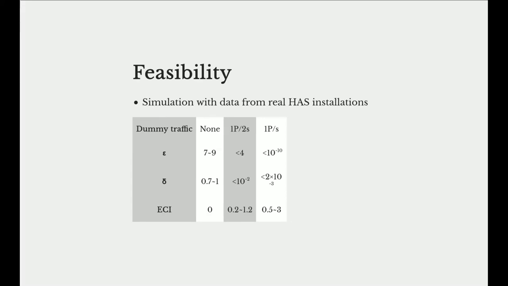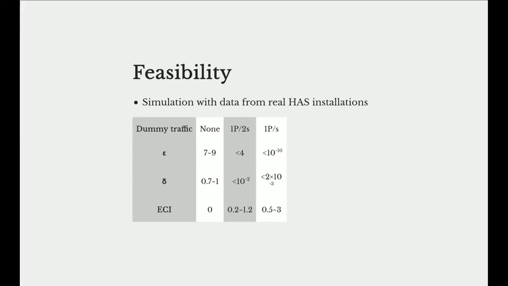We then also performed a simulation using a rate of approximately 1 packet per second, and this decreased the value of epsilon to less than 10 to the power of -10, and delta decreased to less than 2 times 10 to the power of -3. So as we can see, when sending 1 dummy packet per second, approximately, those two values decrease dramatically.